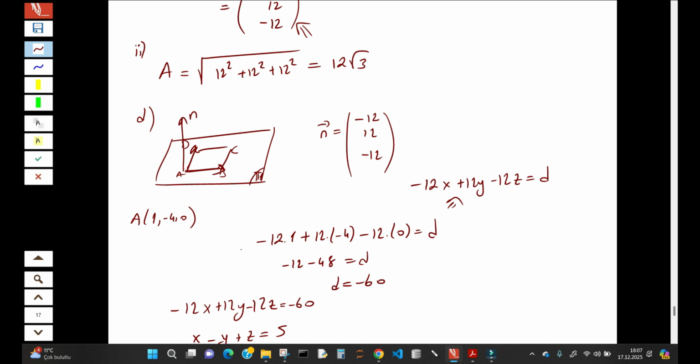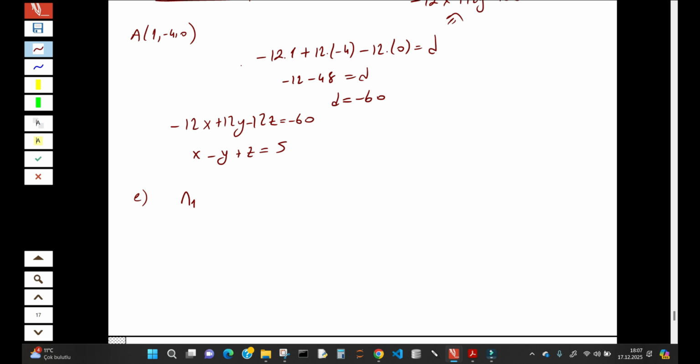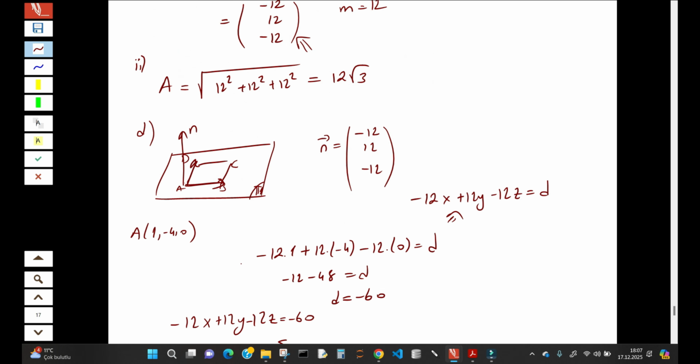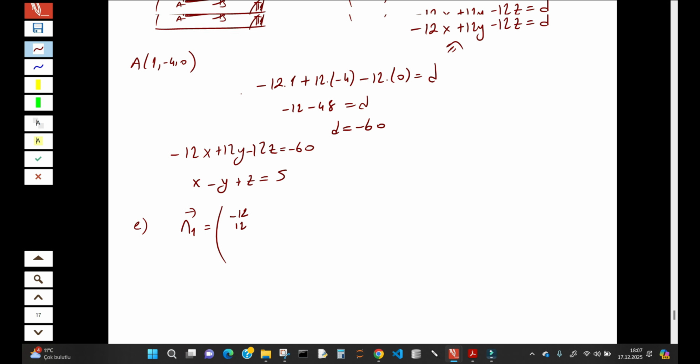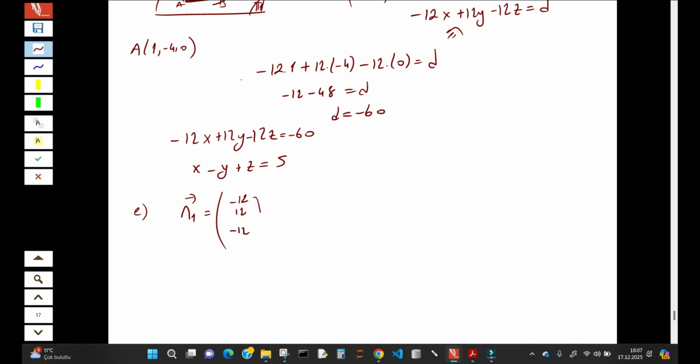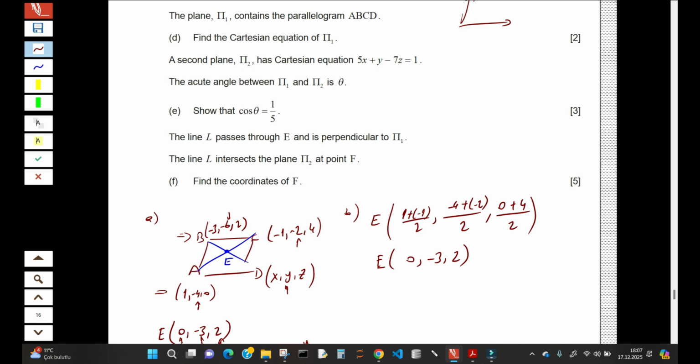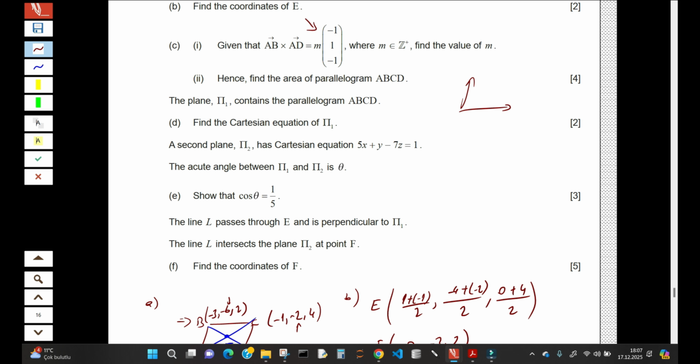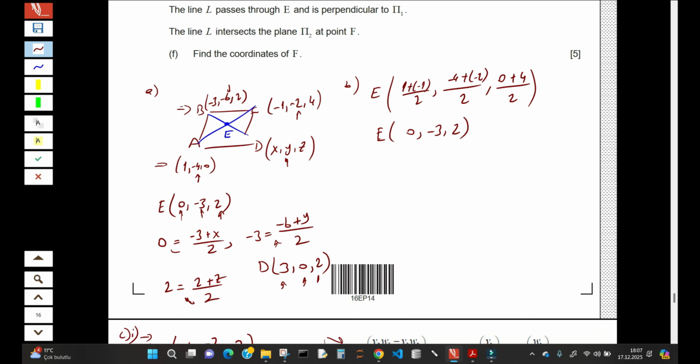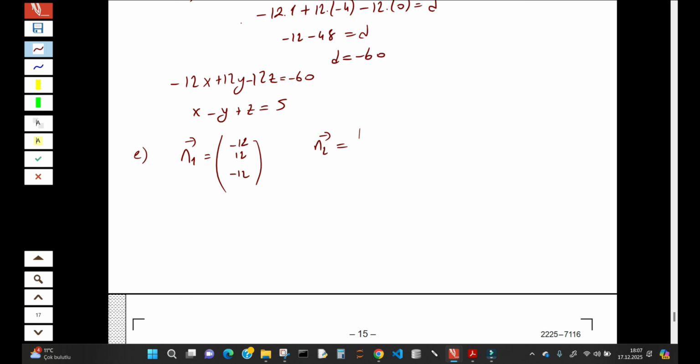The normal vector of pi 1, let's call it n1, equals minus 12, 12, and minus 12. And n2, the normal vector of the second plane, is 5, 1, minus 7.